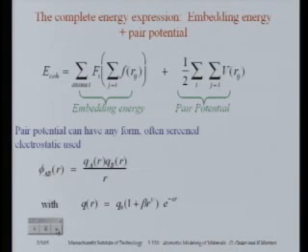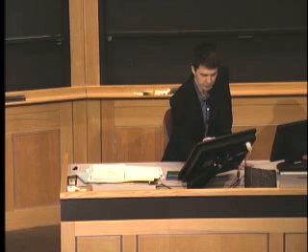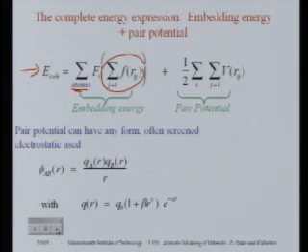Here we go. So the way you write the energy in the embedded atom method is you write it as the embedding energy, which is you sum over every atom and you're looking for its cohesive energy, which is some function F of the neighborhood measurement, which is the electron density at the site of i.